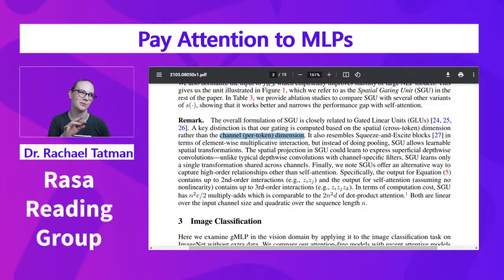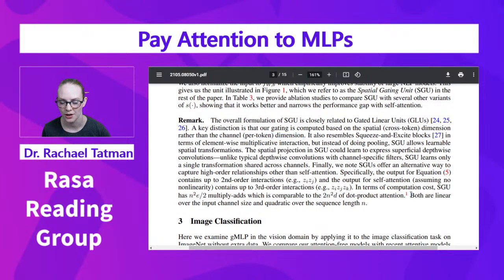What's the third one? Query interaction. In terms of computation costs, SGU has n squared e divided by 2 multiply adds, which is compared to 2 n squared d of dot product attention. Both are linear over the input channel size and quadratic over the sequence length n.